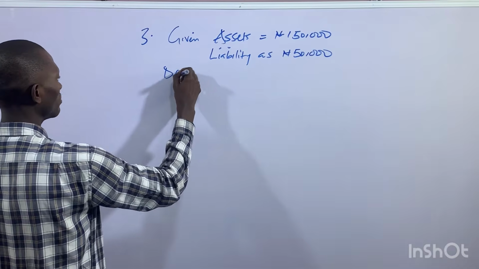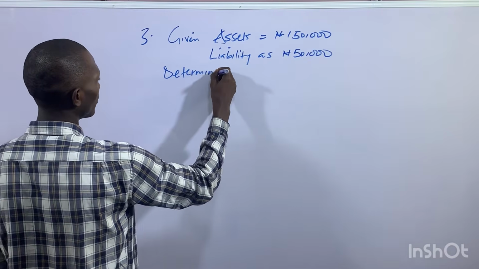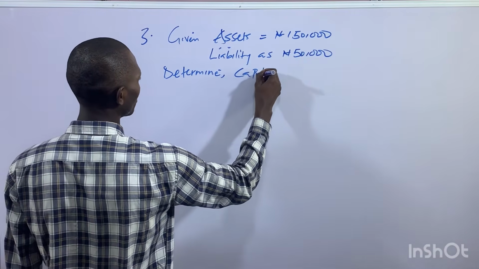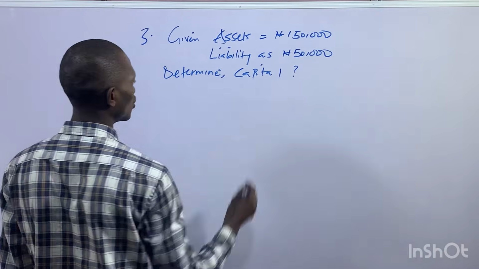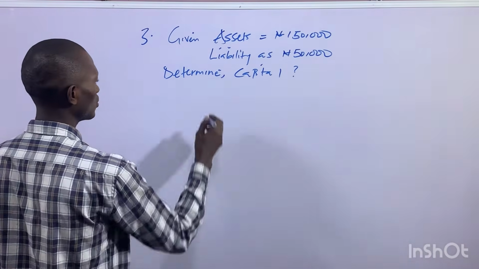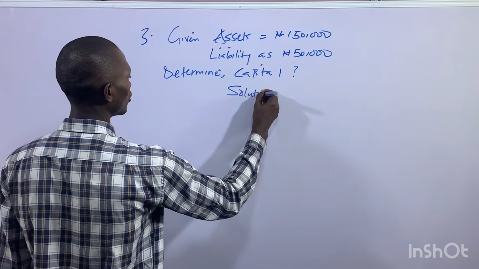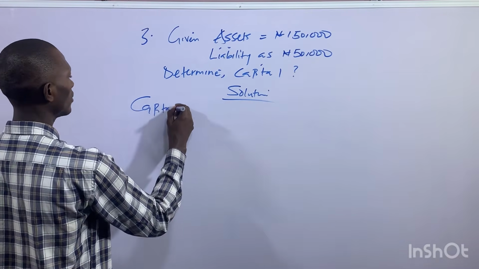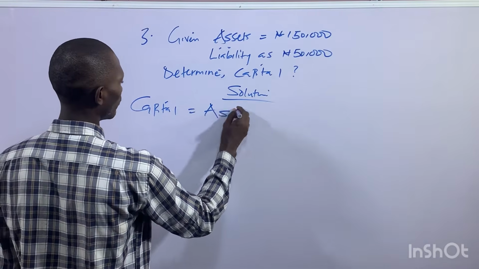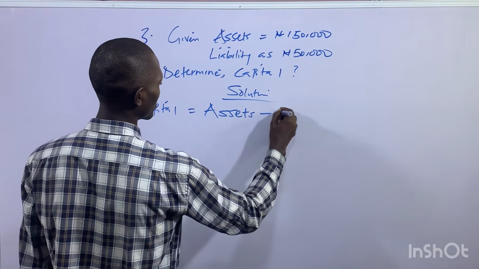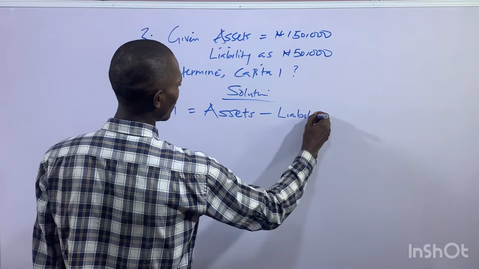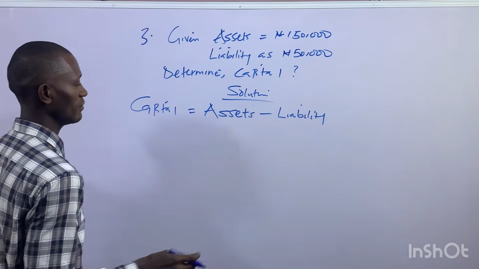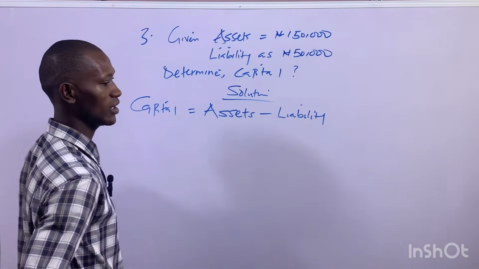Then we have to determine capital. So to determine capital, we already knew. So solution. To determine capital is expressed as assets minus liability. That's what we have. To determine capital, that's assets minus liability.